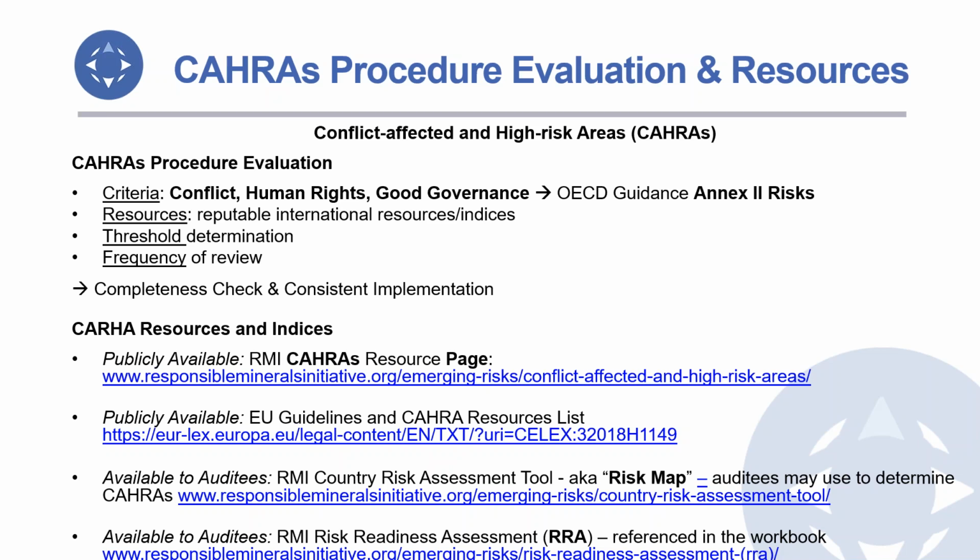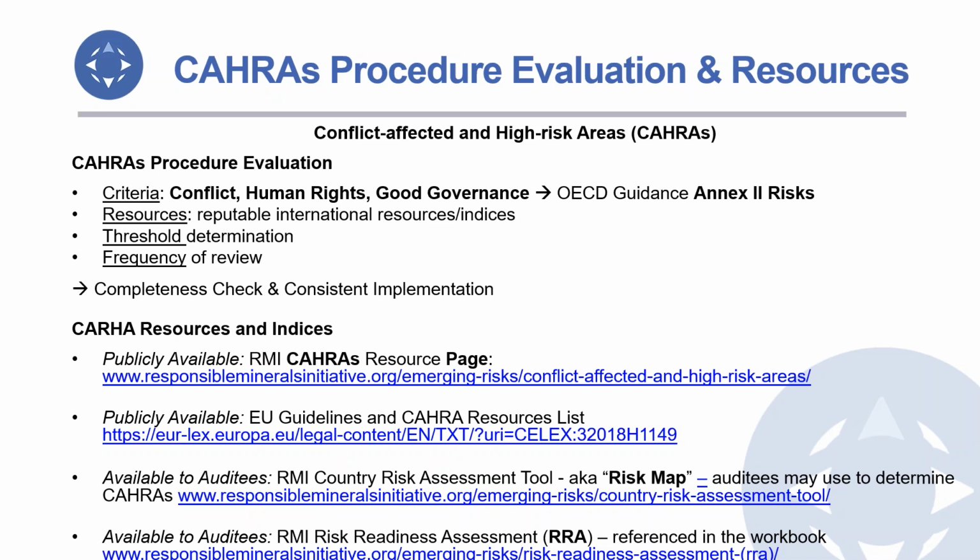We also wanted to highlight a few different resources on how to identify CAHRAs, as auditors have noted that a lot of times auditees pick different indices or different reports or resources that auditors may or may not be very familiar with. So auditors wanted to get a little bit more detail about the different CAHRAs resources.